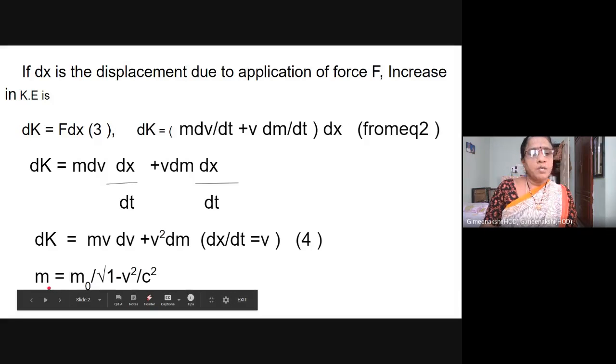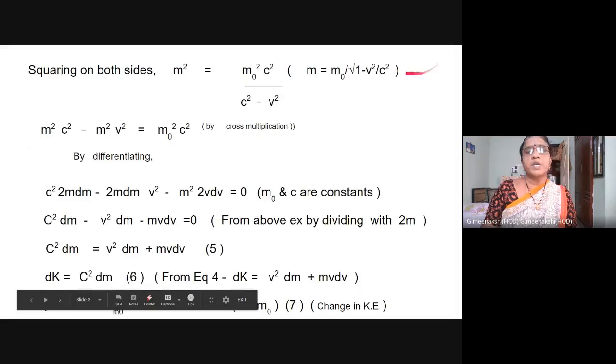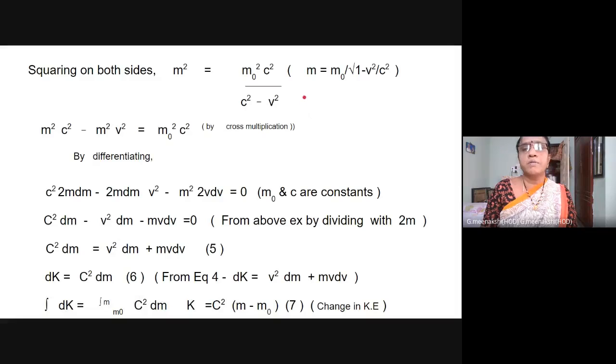If we square this expression on both sides, m square is equal to m naught square by (1 minus v square by c square). The 1 minus v square by c square goes to the numerator, so m square is equal to m naught square c square divided by c square minus v square.